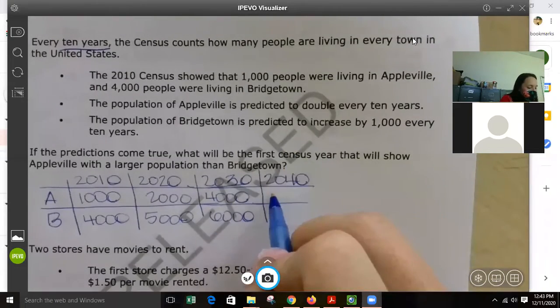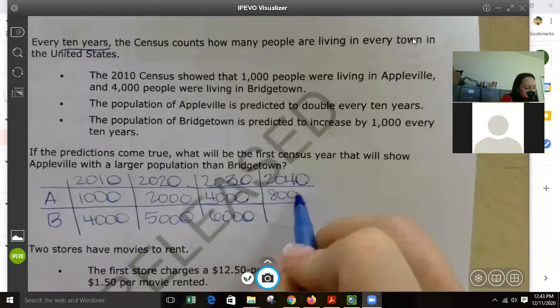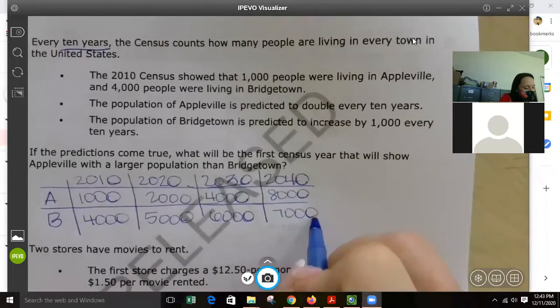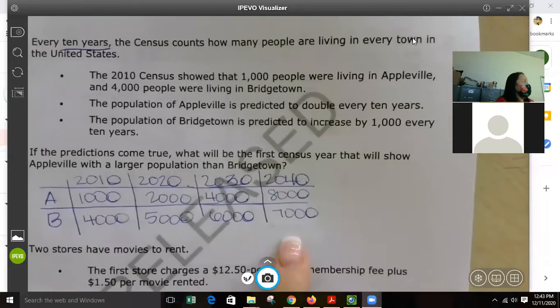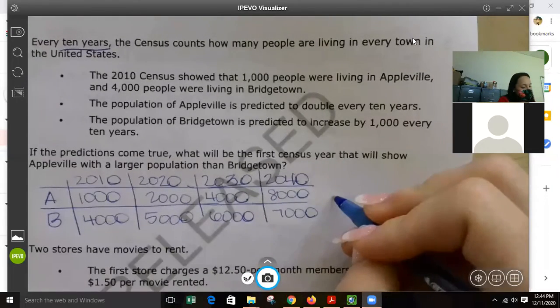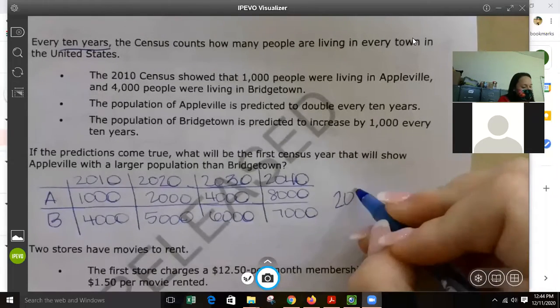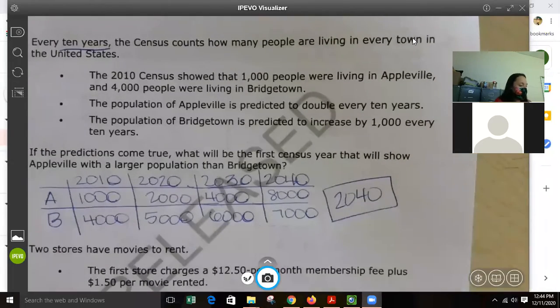Double Appleville. Add 1,000 to Bridgetown. Appleville is finally bigger, right? So what year is that? What year was it? That's it. That's all you guys got to do.